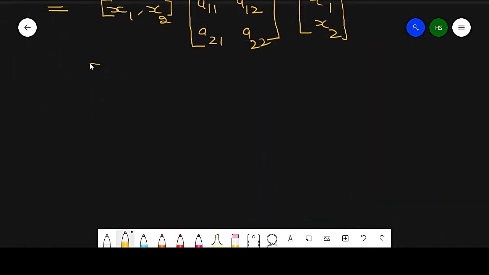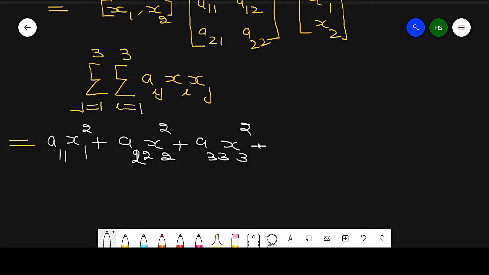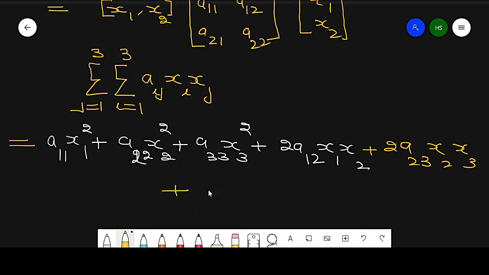Here j is running from 1 to 3, i is running from 1 to 3, so summation of aij xi xj is equal to a11 x1 square plus a22 x2 square plus a33 x3 square plus 2 a12 x1 x2, remember that, plus 2 a23 x2 x3, and third is 2 times a31 x3 x1.